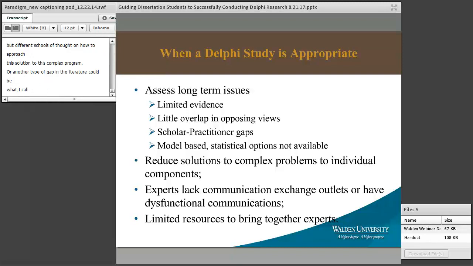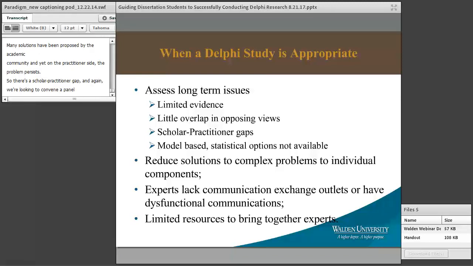So in my China example, expatriate adaptation has been studied for decades. It goes back to Hofstede and others in terms of cross-cultural practices and training. The problem has been written about for several decades. Many solutions have been proposed by the academic community, and yet on the practitioner side, the problem persists. So there's a scholar-practitioner gap, and again, we're looking to convene a panel of experts to assemble a list of solutions.